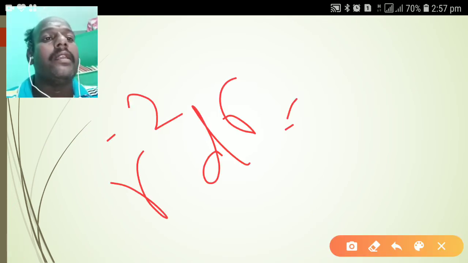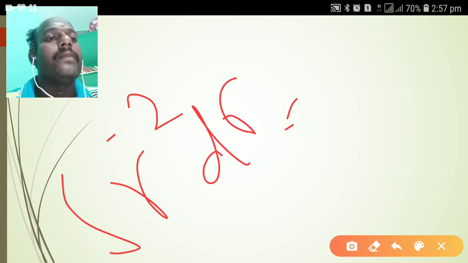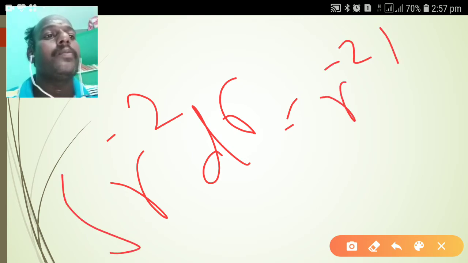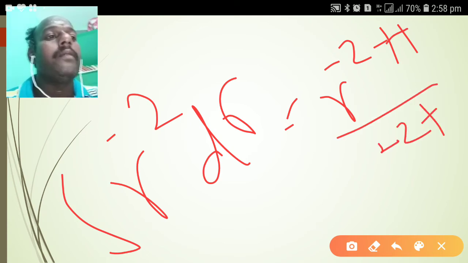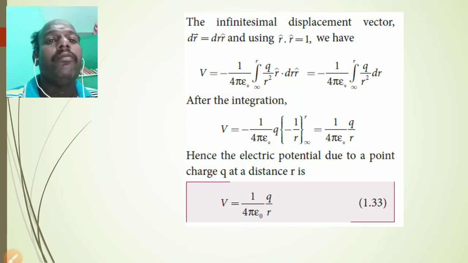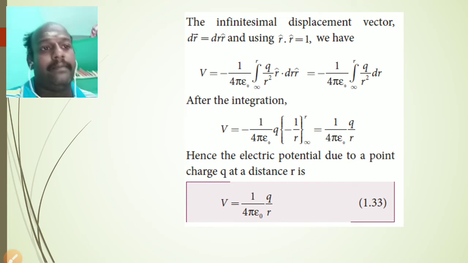So we know that r to the power minus 2 dr integrates to r to the power minus 2 plus 1 by minus 2 plus 1. So finally I will get the term V is equal to Q by 4 pi epsilon naught R.